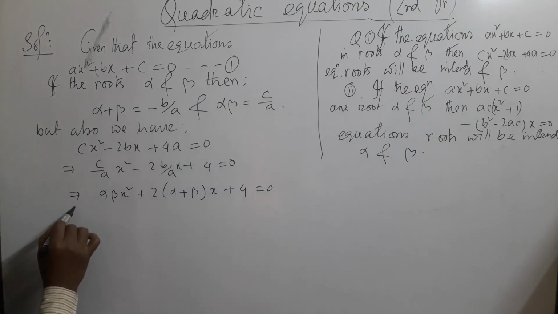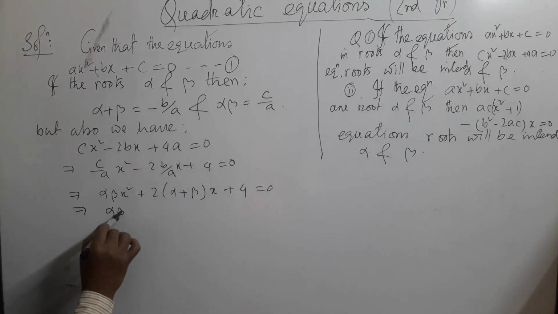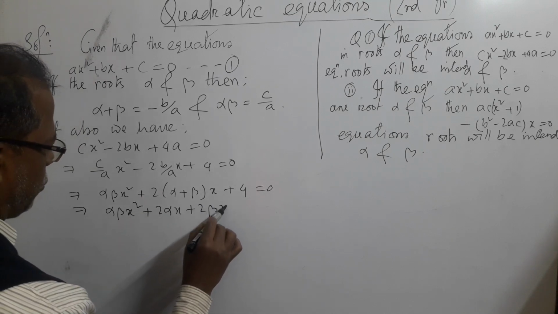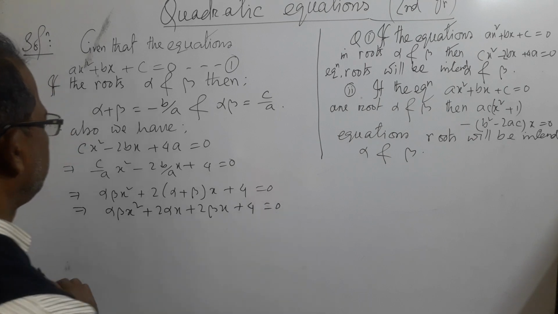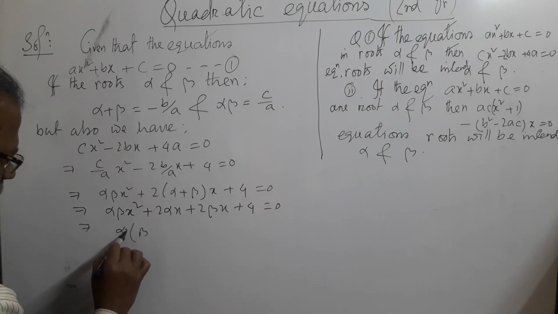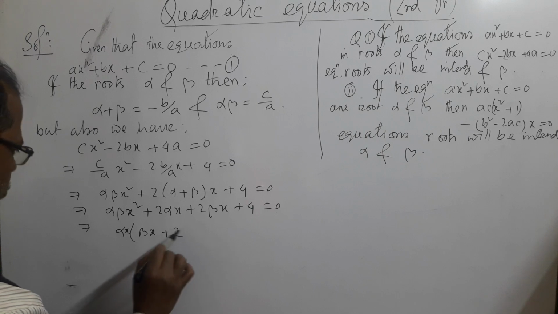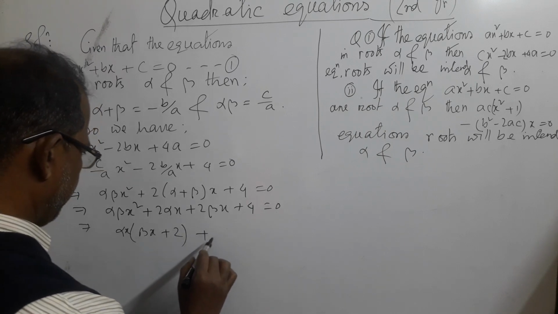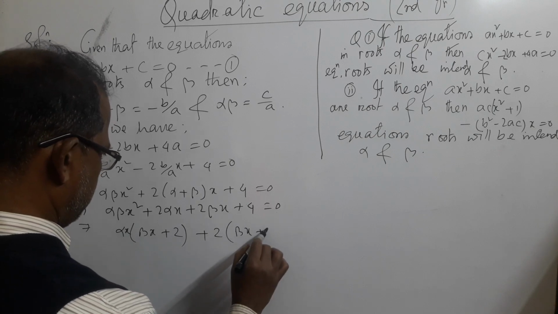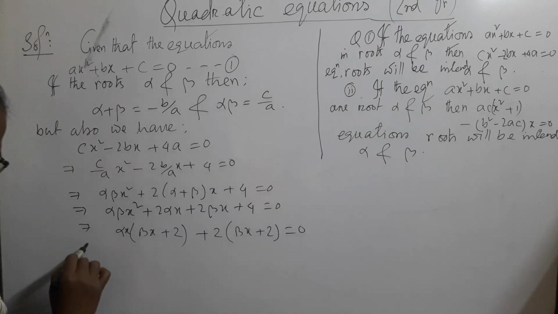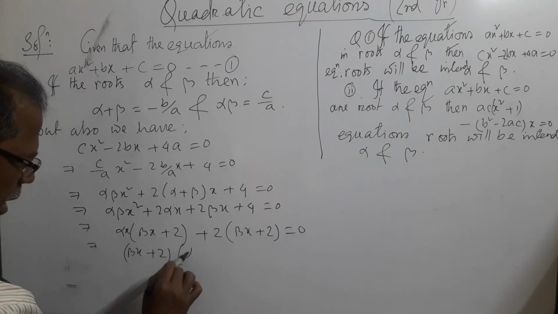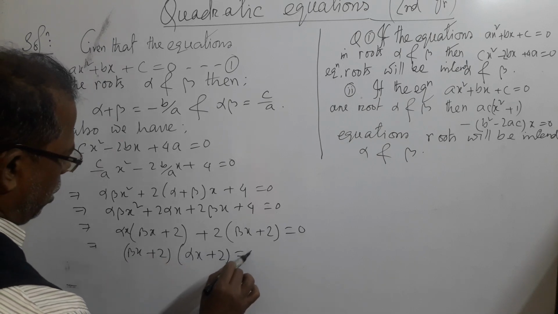So alpha beta x² plus 2 alpha x plus 2 beta x plus 4 equals 0. That implies alpha x into beta x plus 2, plus 2 into beta x plus 2, equals 0. That gives beta x plus 2 into alpha x plus 2 equals 0.